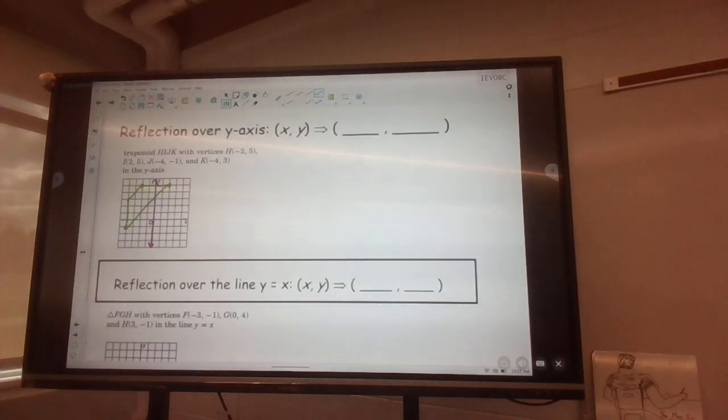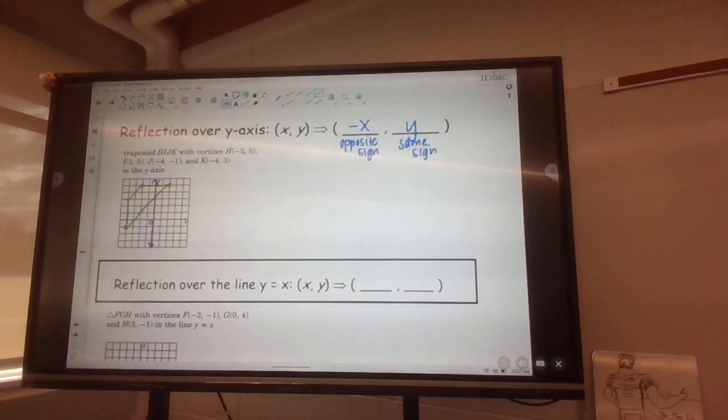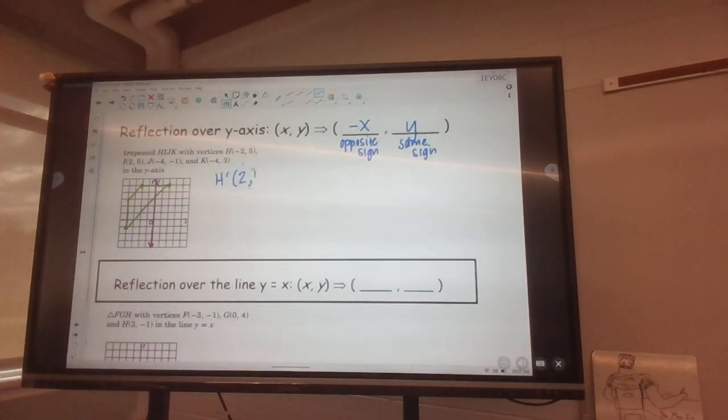So it's going to be a negative x, and the y will stay the same. So basically, that's what this means. Like my h prime, the x was -2, it's going to become a +2, 5. So 2, 5. So this one actually overlaps onto itself.